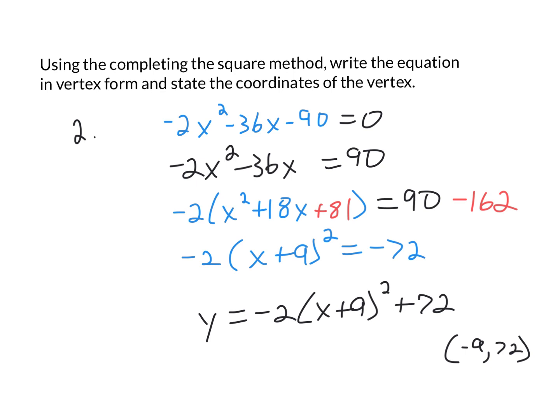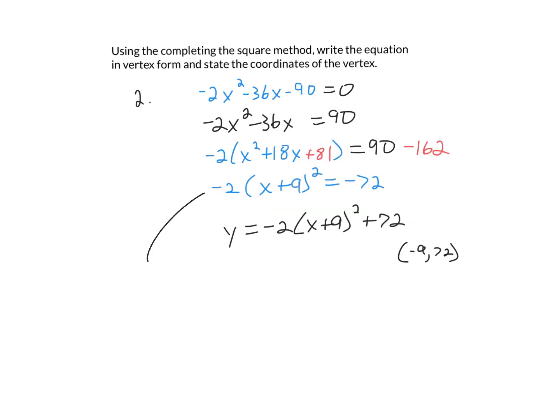But I also want to show you how to go ahead and solve it as well when we consider that instead of dividing by and getting rid of this -2, we use it as a factor. So I'm going to take this portion right here and solve it. So let's do that real quick. If I take this part and it says -2 times x plus 9 squared equals -72.